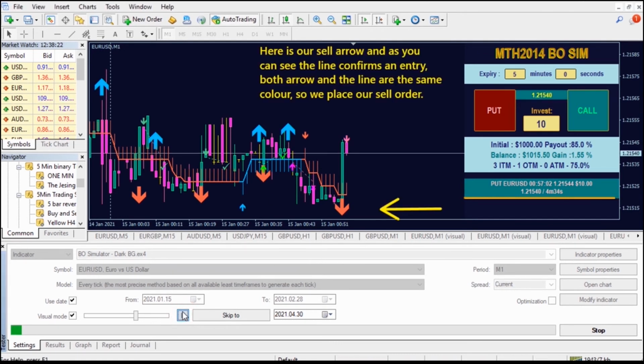Here's our sell arrow, and as you can see, the line confirms an entry. Both arrow and the line are the same color. So we place our sell order.